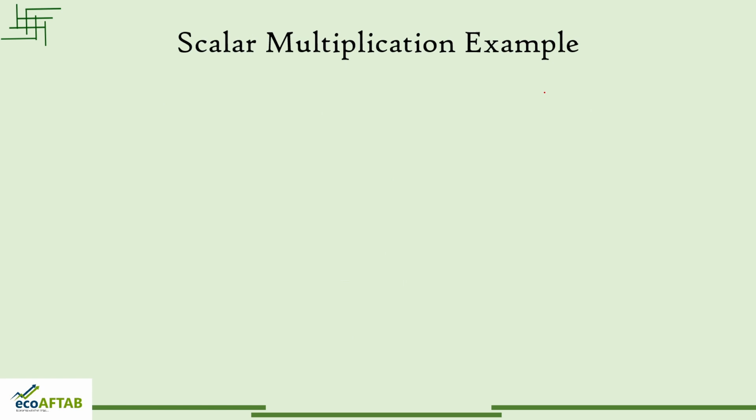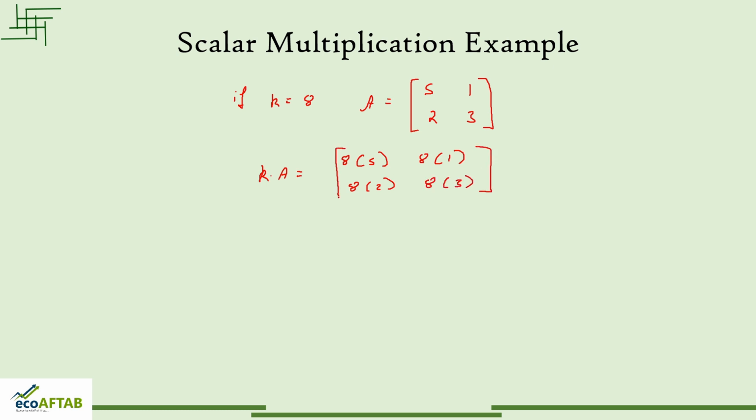Friends, I'll just show you one more example with regard to this. If K is equal to 8 and matrix A is equal to 5, 1, 2, 3, then K into A is equal to multiplying 8 with all the elements in the matrix A. So this will give us 40, 8, 16, 24.